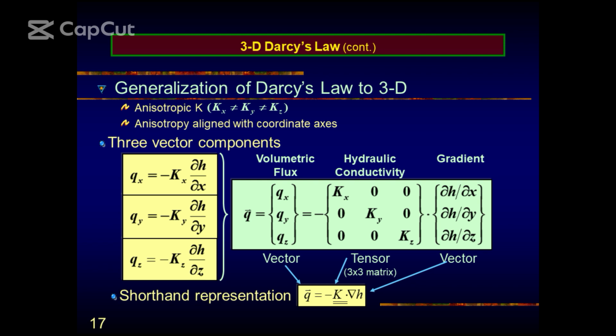We have Qx, Qy, and Qz, and this is equal to a 3 by 3 matrix Kij, which is K11, K12, K13, K21, K22, K23, K31, K32, and K33.